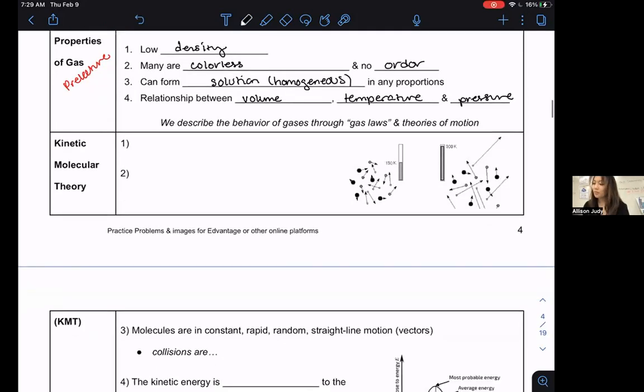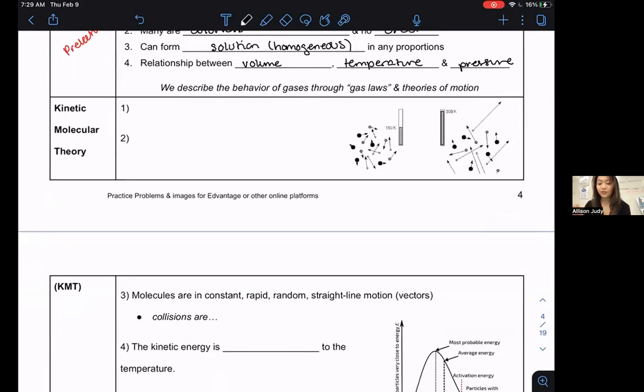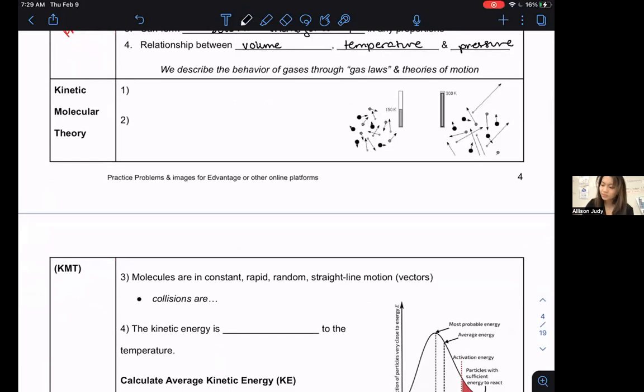So the way that we describe the behaviors of gas is through the gas laws and theories of motion. We're going to tackle the theory of motion in this pre-lecture, and then we'll tackle the laws in class. So the first postulate, or the first principle in the kinetic molecular theory, or KMT, of gas particles, is that gases have no attractive or repulsive forces.